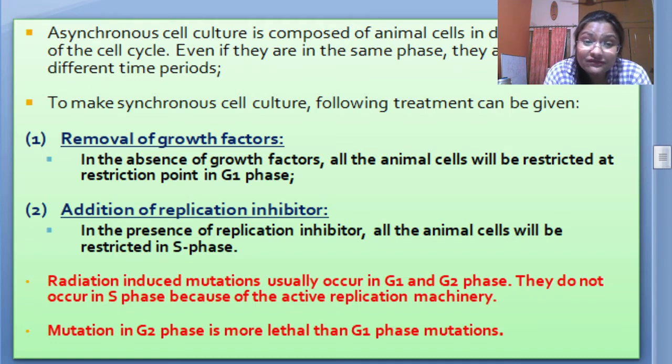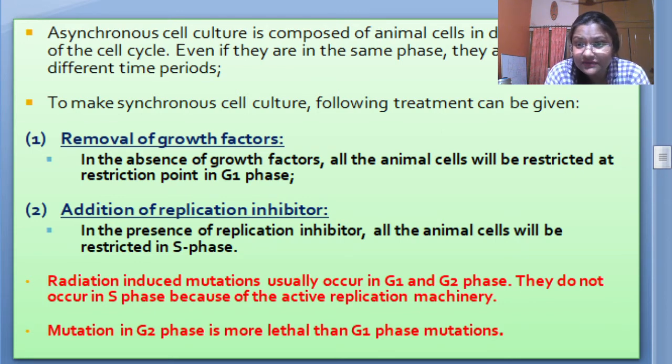Apart from this, if we want to restrict the cells in synthesis phase or S phase, then we can add a replication inhibitor, like compounds which can actually inhibit replication.